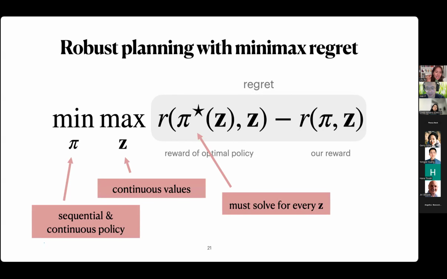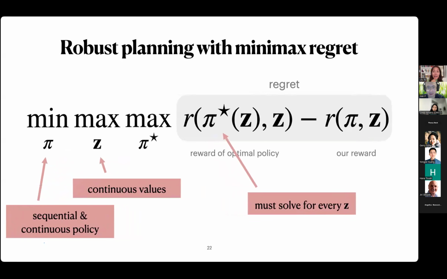So with a little change in z, then the optimal policy pi star will subsequently change. So there's really an underlying maximization term in here as well. So it's really a min max max problem, and each component of this, the pi, the z, the pi star, are all fairly complex. So this is a really large search space and therefore fairly intractable.